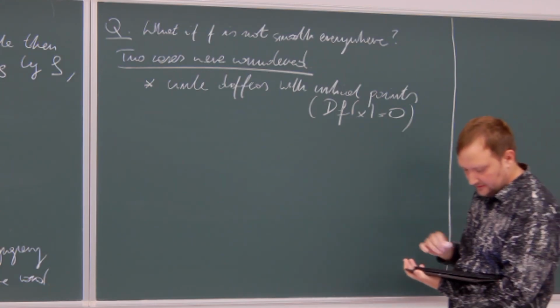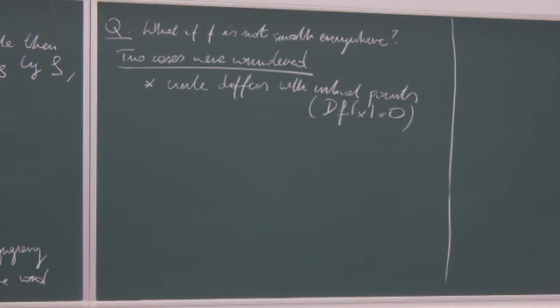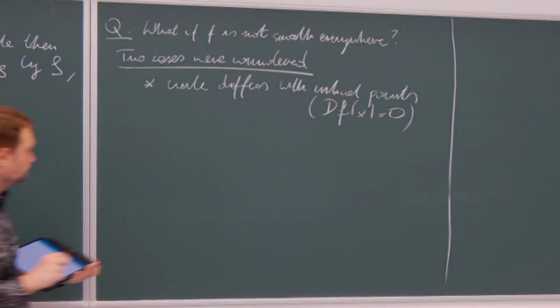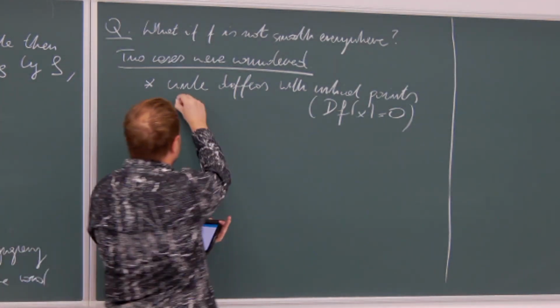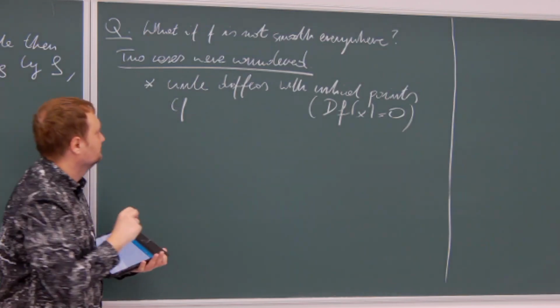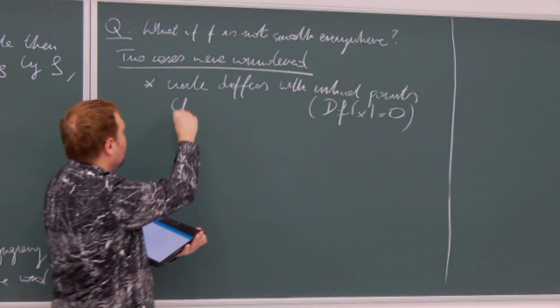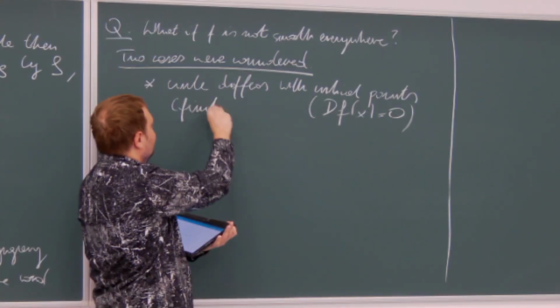So this is one case, and the other case. Finitely many? Always finitely many. Can you read what you wrote? Could you please read after the star? Circle diffeos with critical points. And now I'm adding finitely many.